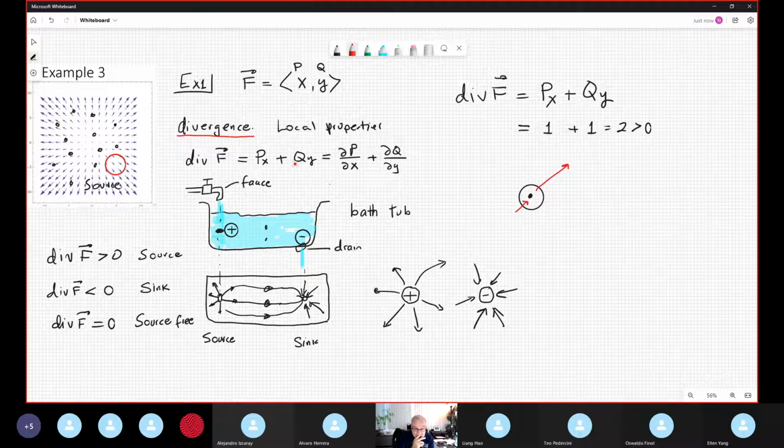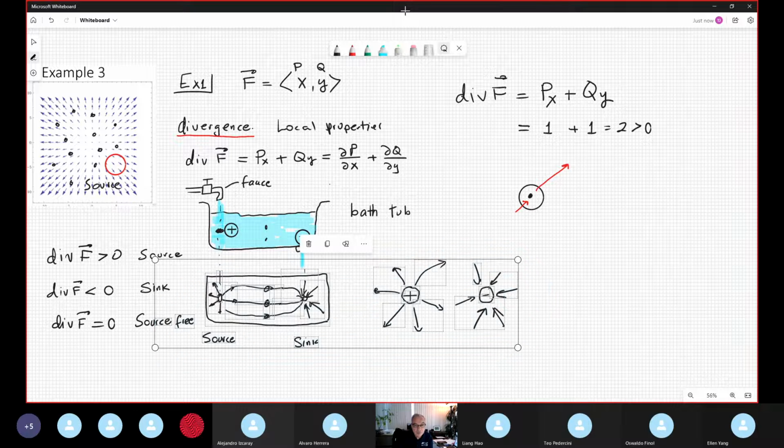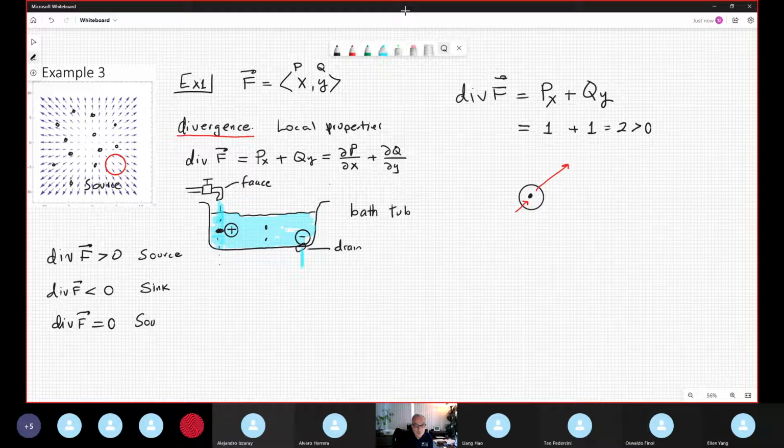Entonces now, that's it. This is just the beginning. We continue with this example. Okay, let me erase that part. You know the meaning of divergence.